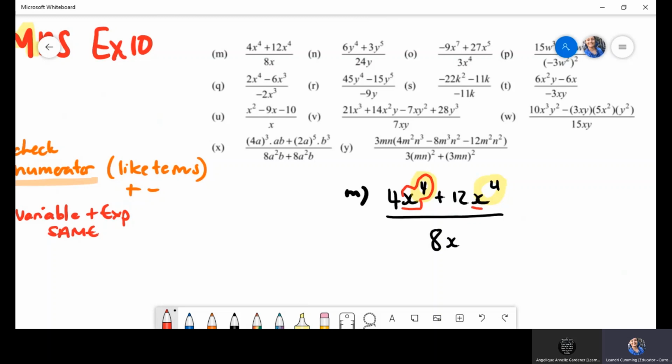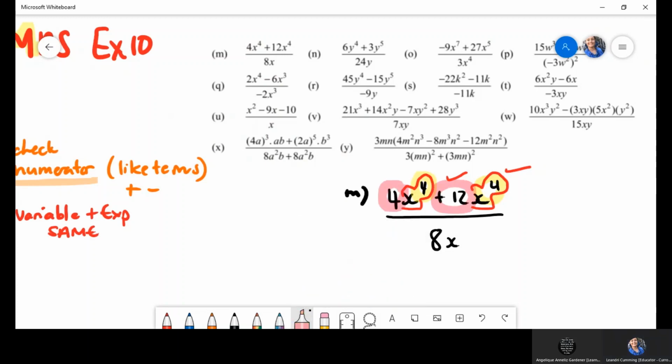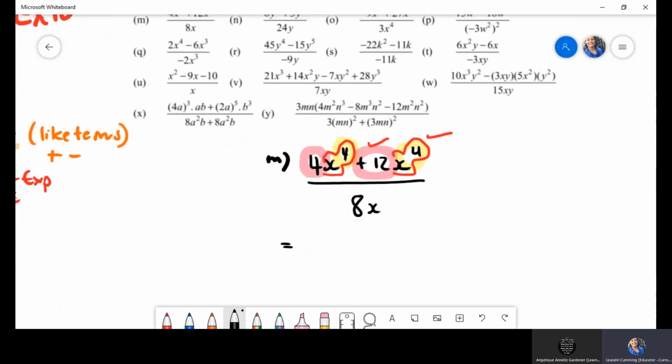If the variable and the exponent are identical, then we use the coefficient to either add or subtract and simplify, which then leads us to our next step. Yes, they are like, so I may add.